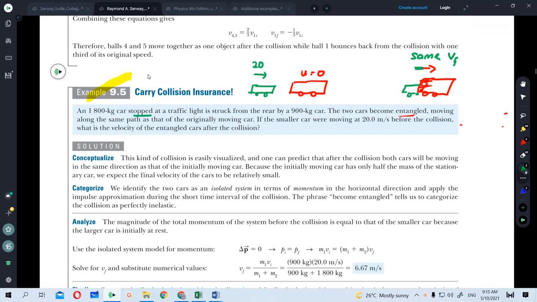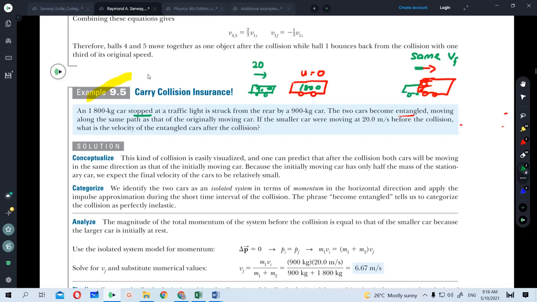It's struck from the rear by a 900 kilogram car, a much smaller car. After that they are entangled, meaning they stick together, and move along the same path.